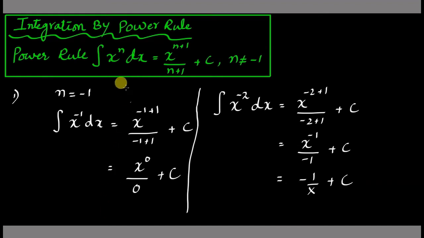It means the power n can be a positive integer, can be a negative integer, but we cannot choose n equal to minus 1 among the negative integers, while all other negative integers can be chosen. Similarly, for positive integers you can take any positive integer for n.